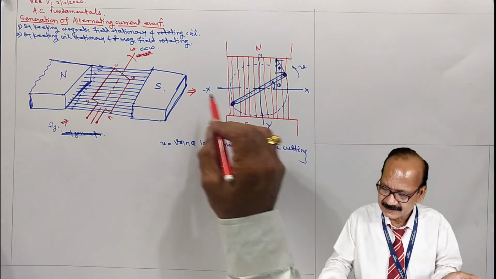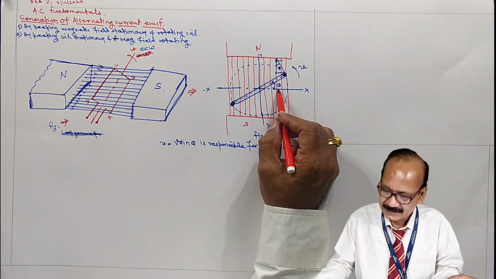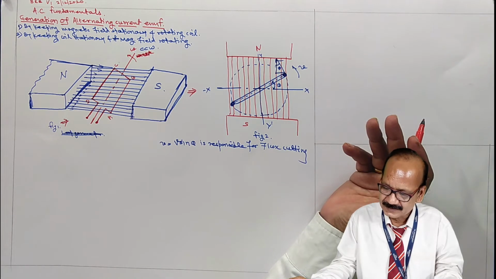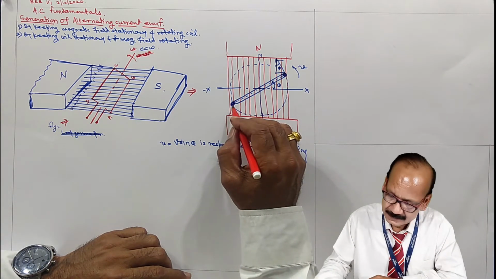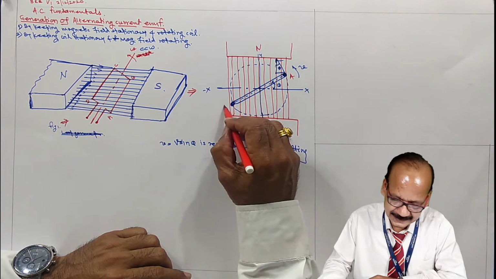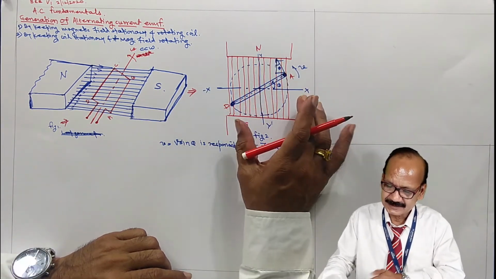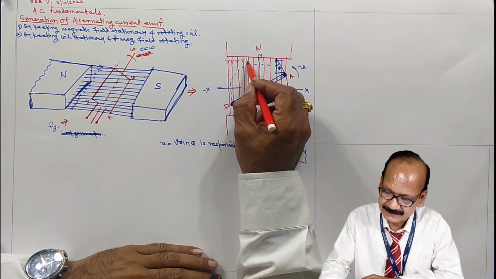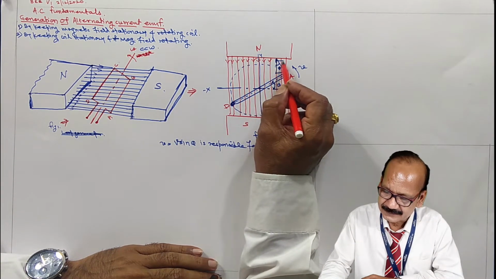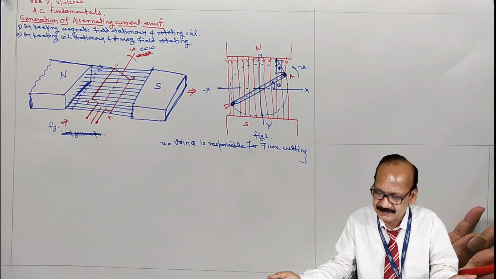So at the reference, when theta equal to 0, EMF induced in the coil is 0, because two coil sides, that is A and D, move parallel to the lines of flux, and therefore no cutting of the flux, no EMF is induced.